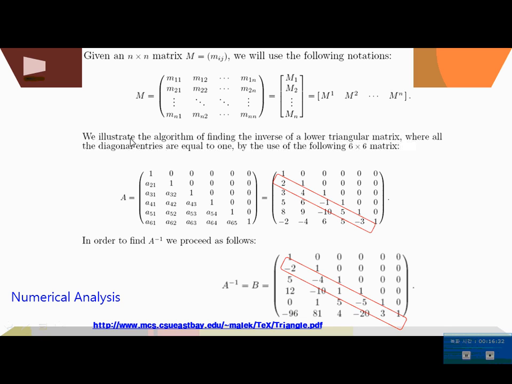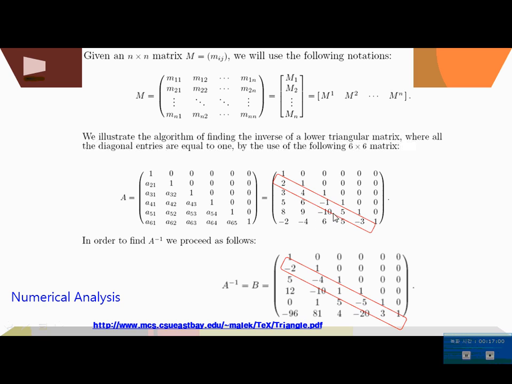We can illustrate the algorithm for finding the inverse of a lower triangular matrix. As you see, the inverse matrix of A has the sub-diagonal entries as what? When A has 2 in that position, there's -2, 4 goes to -4, 1 goes to -1, and 5 goes to -5, 3 goes to 3, like this.